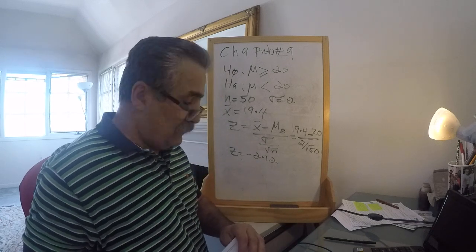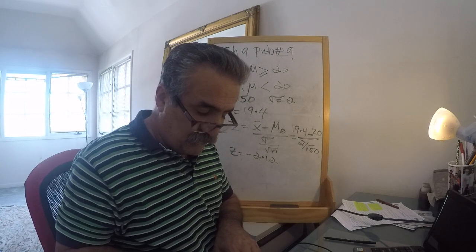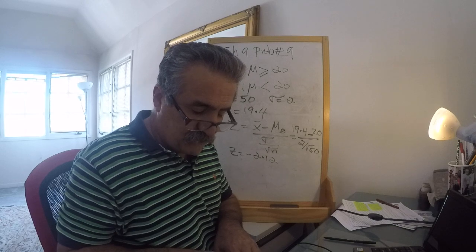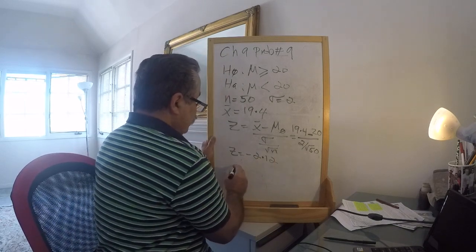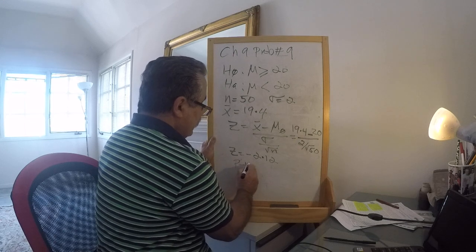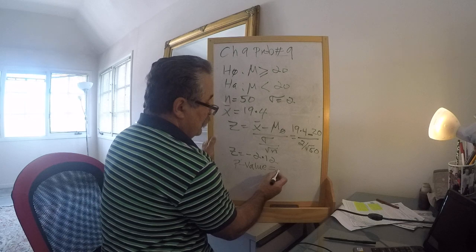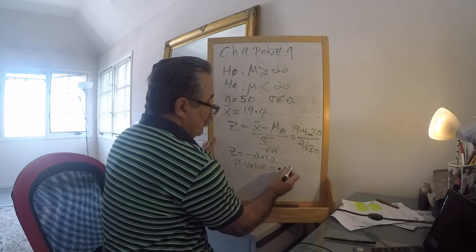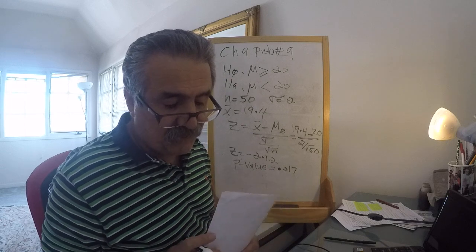Negative 2.12, the area is 0.017. So p-value equals 0.017. That's the p-value.